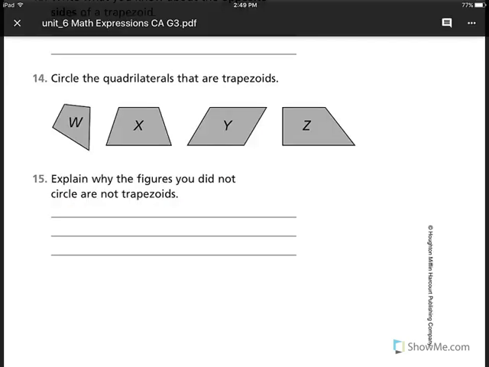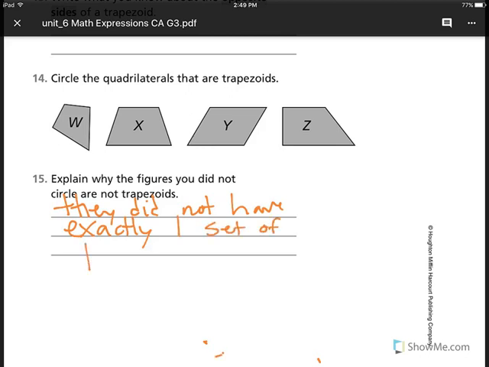Now, explain why the figures you did not circle are not trapezoids. They did not have exactly one set of parallel lines. That's why.